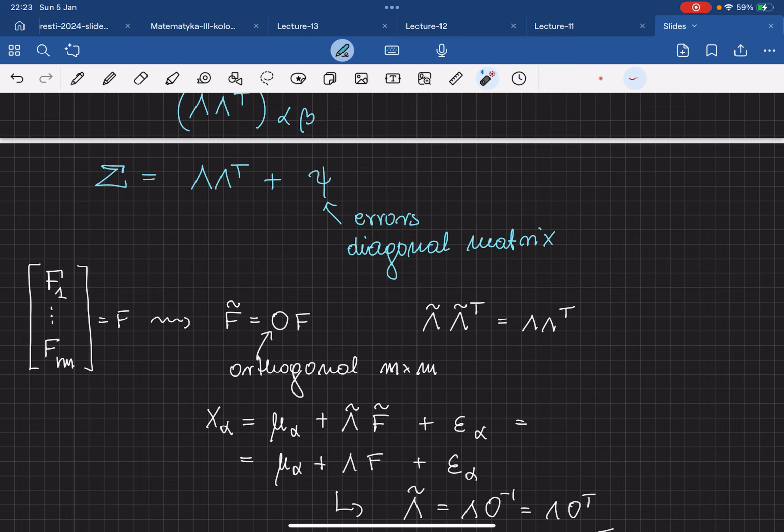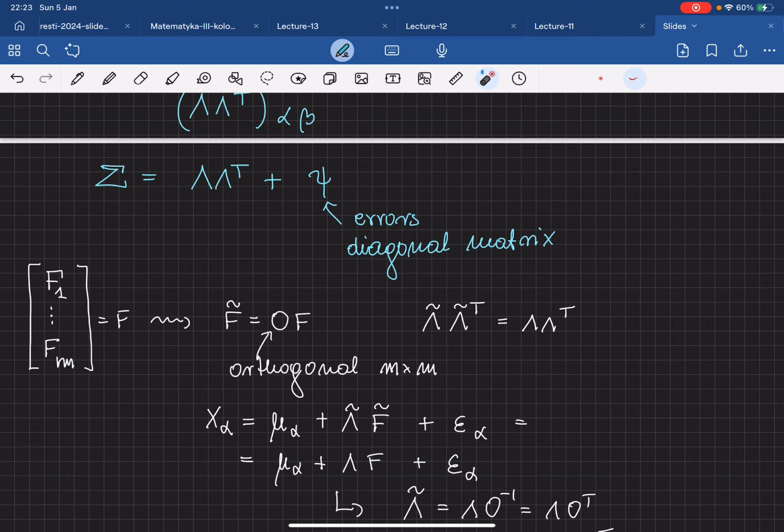Okay, so this is the model, and now the problem is that what we want to do, we want to find those factors somehow practically.